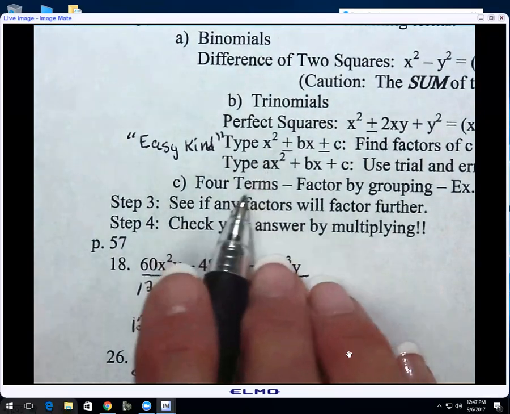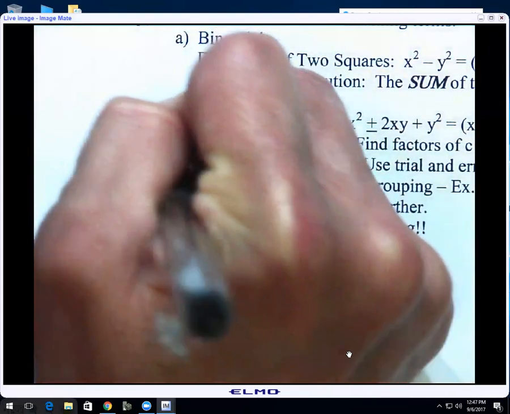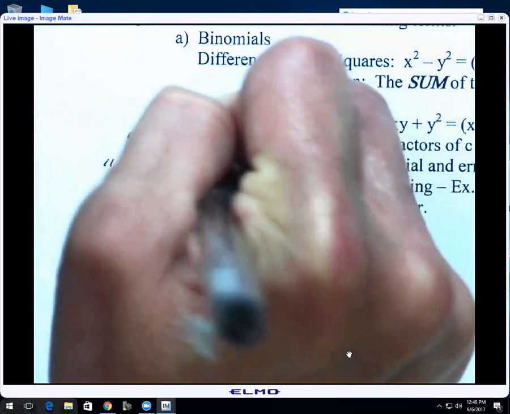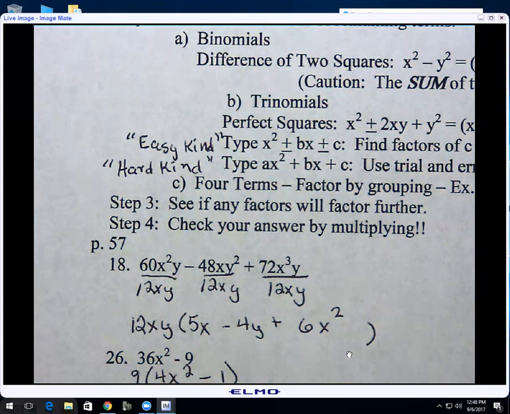This last kind, where the leading coefficient's not 1, if I wasn't lazy, I'd call it the little bit harder kind, but that takes too long to write, so I just call it the hard kind. When we get to these, I'm going to say, is this the easy kind or the hard kind? Easy kind has a leading coefficient of 1, hard kind has a leading coefficient not 1.